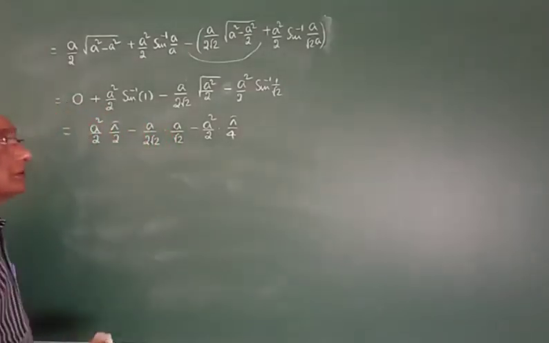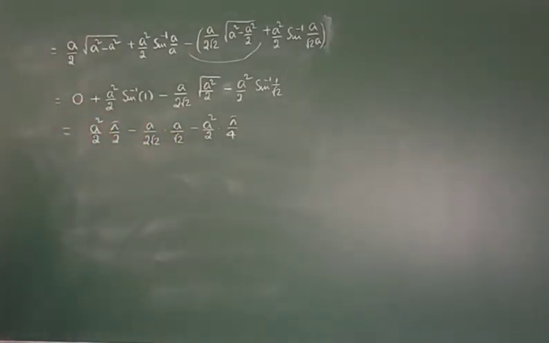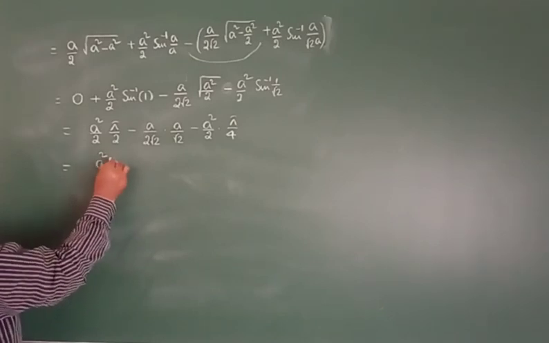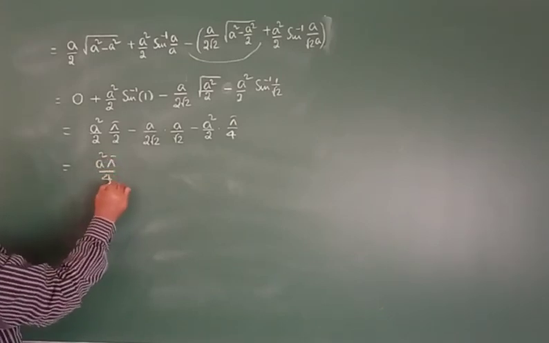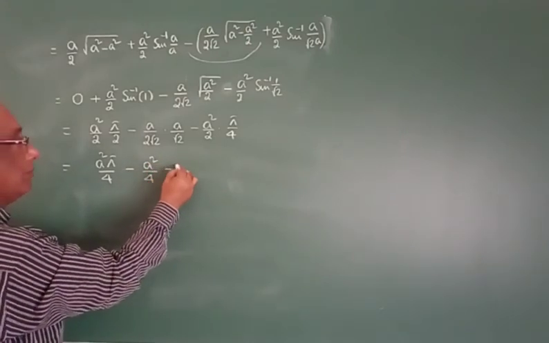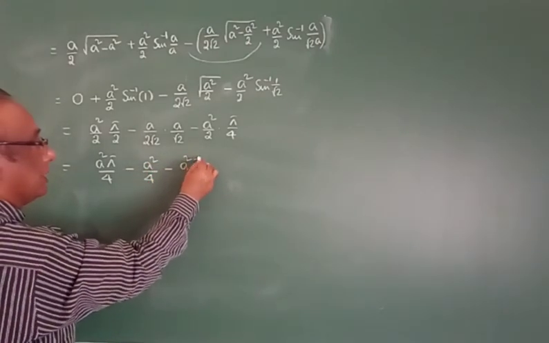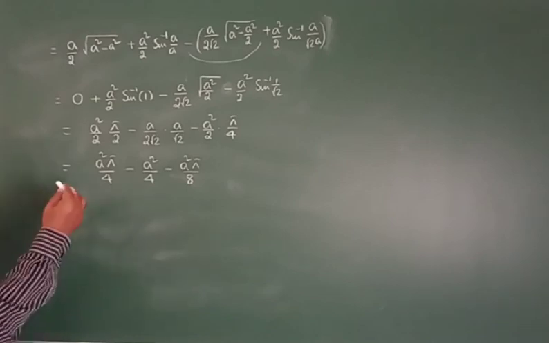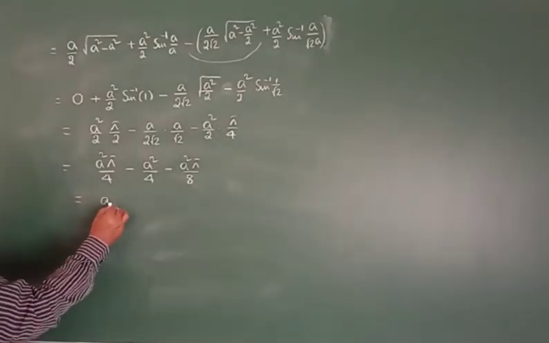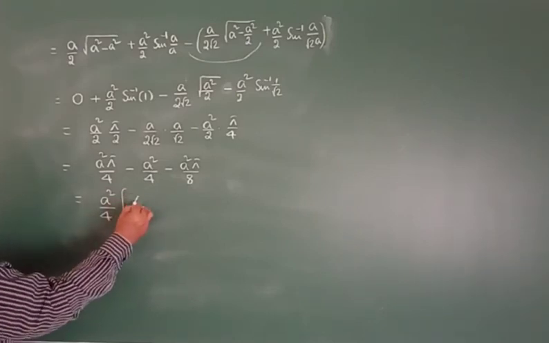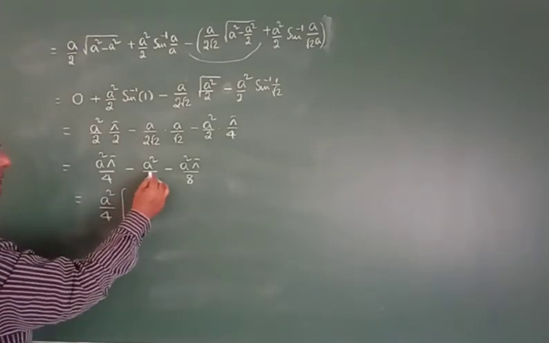Simplify. So here is a square pi by 4 minus a square by 4 minus a square pi by 8. In all terms, a square is common, so take a square common. The denominator 4 is common, here is the pi, here is the 4 common.